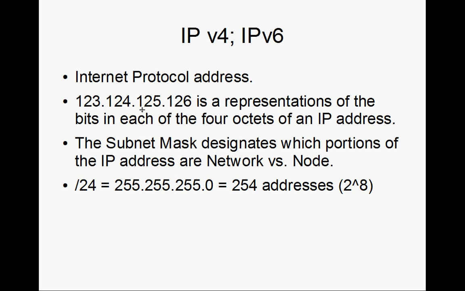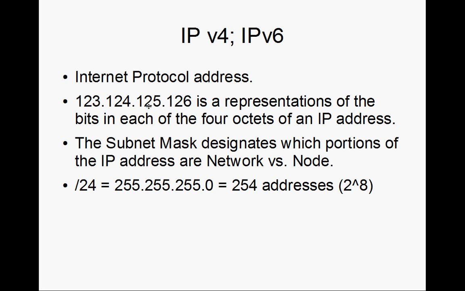So you might have a big company with 123.124 as your IP address, and then you could have a whole bunch of subnets underneath that. Most companies aren't using that many addresses. On the other hand, there's a lot of small companies who can't get IPv4 addresses, so they've now gone to IPv6, or at least they're trying to.